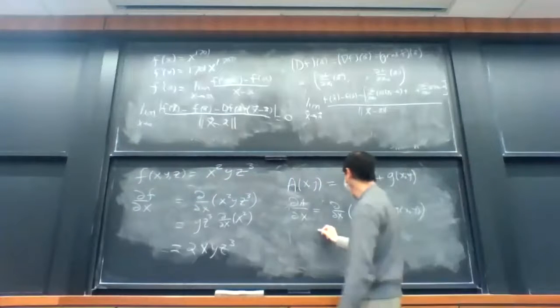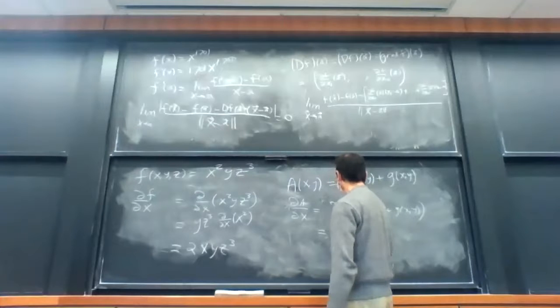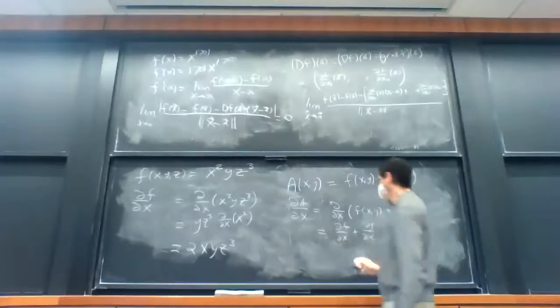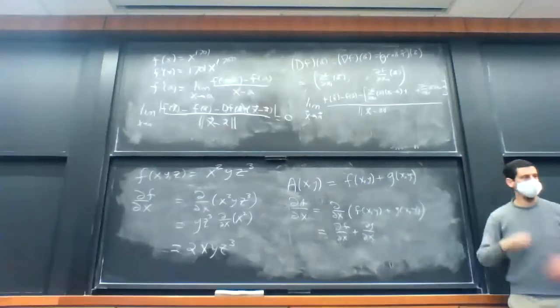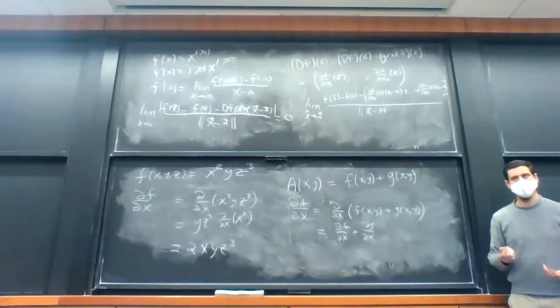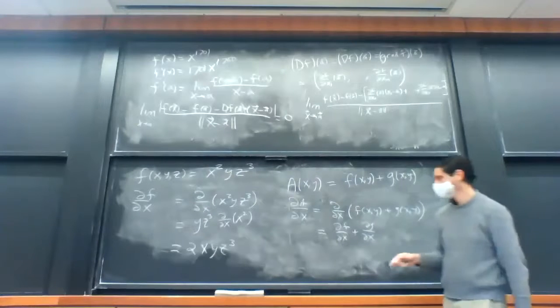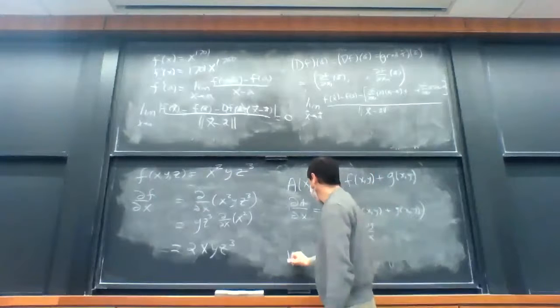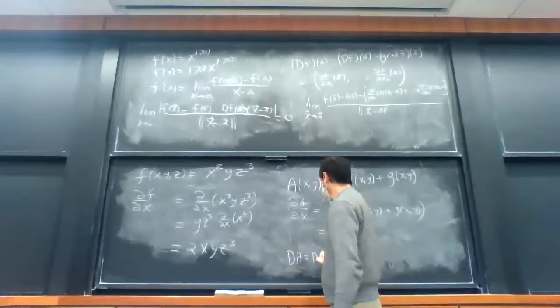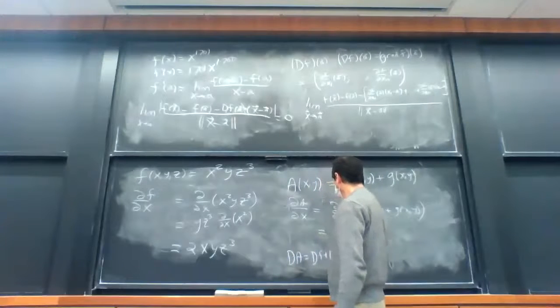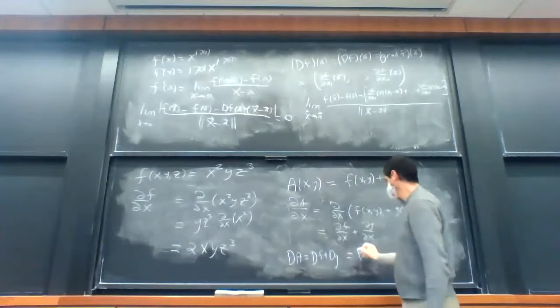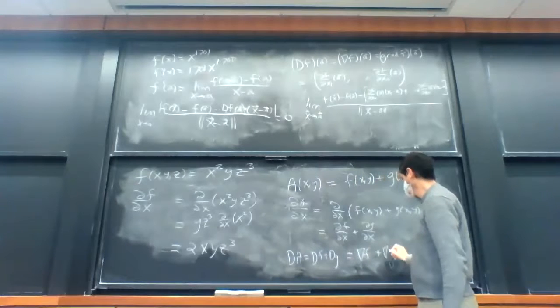And so when the dust settles, it's just going to be df dx plus dg dx. And that's what you would get for the first component. You would have the same thing for the second component. So you would have, dA is df plus dg, or grad f plus grad g.